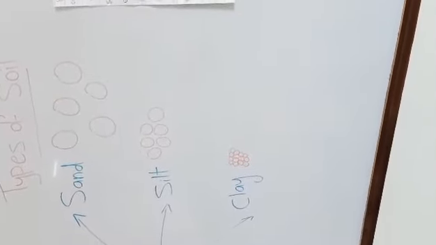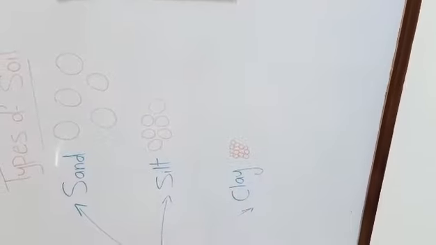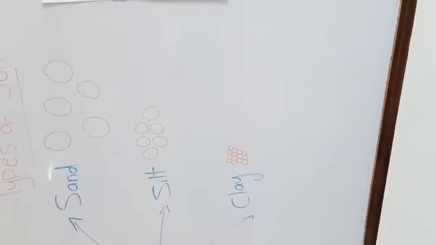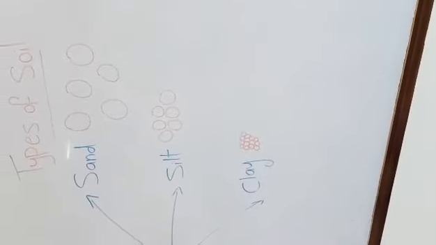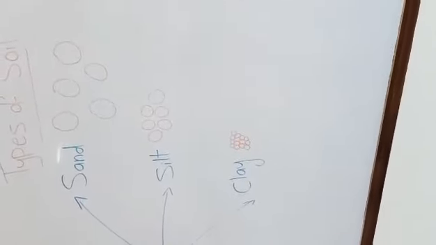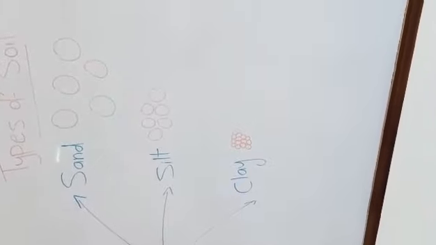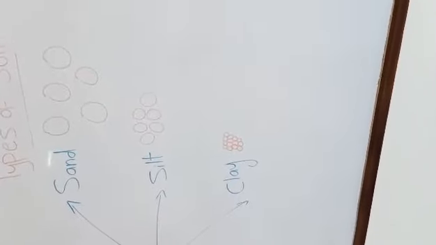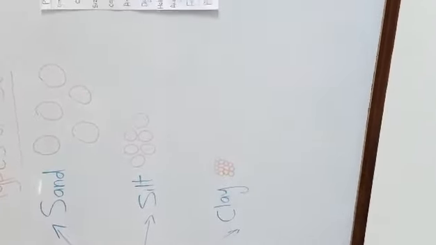But in silt soil, it is medium, and in clay soil, we can see that the particles attach to each other. So in clay soil, compactness is high. So the compactness in sand soil is weak, silt medium, and clay high.